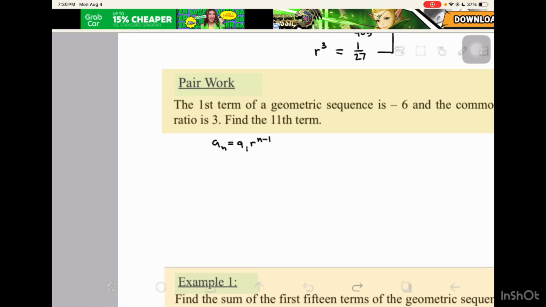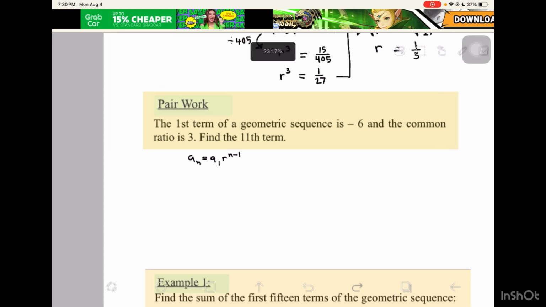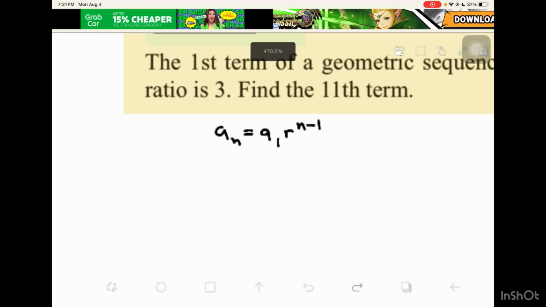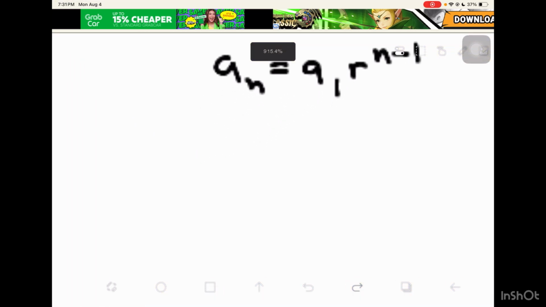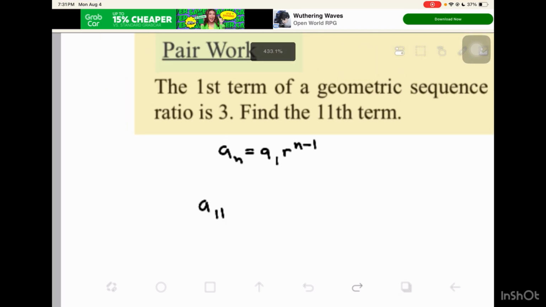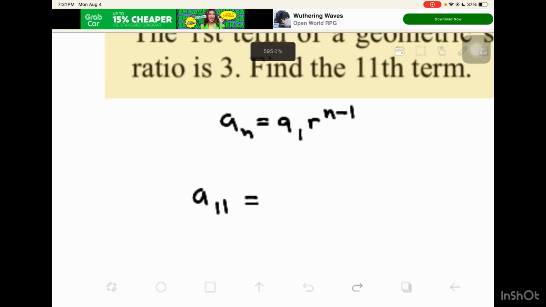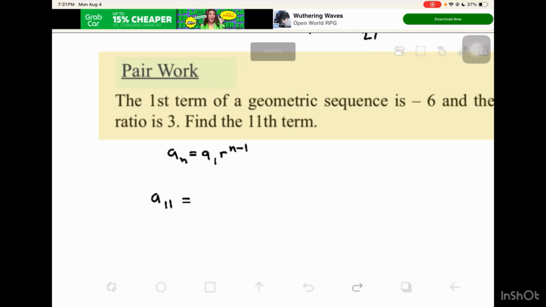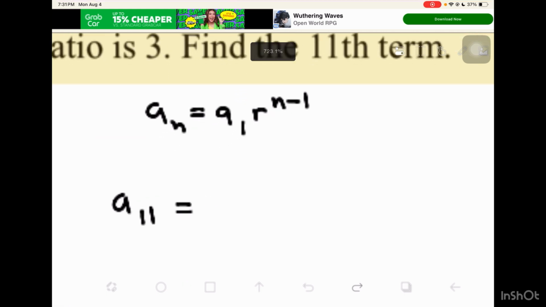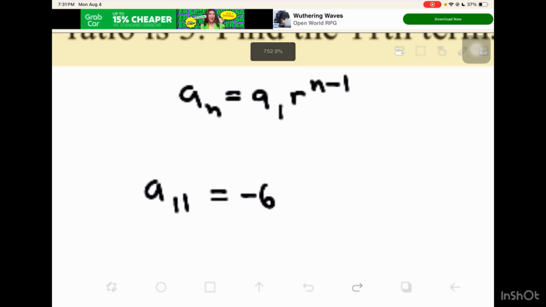Alright. The first term of a geometric sequence is -6, and the common ratio is 3. Find the 11th term. First and foremost, let's start with a sub n. We want the a sub 11 because we want our 11th term. Next, we have our a sub 1, or the first term of the geometric sequence, which is given to us, negative 6.